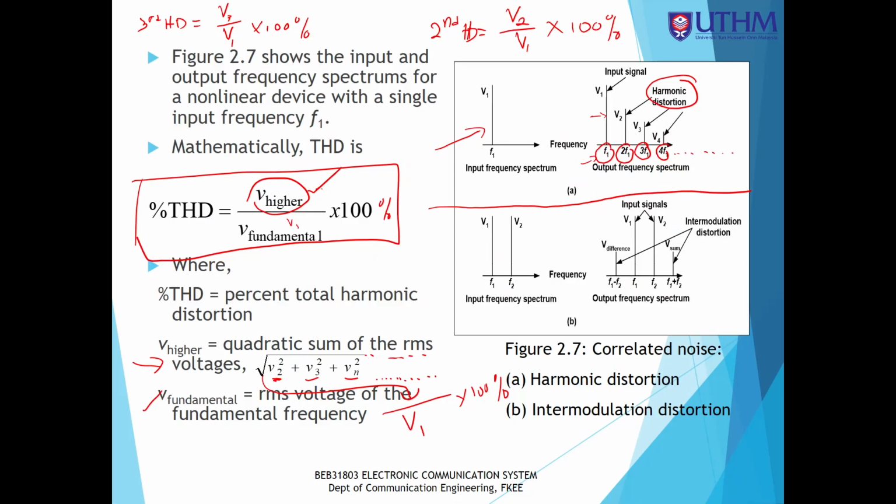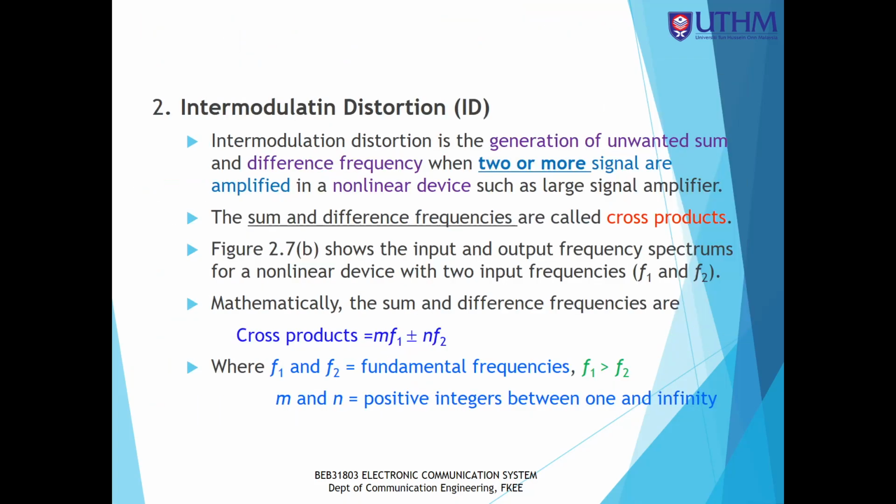Okay. So the next type of correlated noise is the intermodulation distortion. Intermodulation distortion is the generation of unwanted sum and difference frequency when two or more signals are amplified in a non-linear device such as a large signal amplifier.